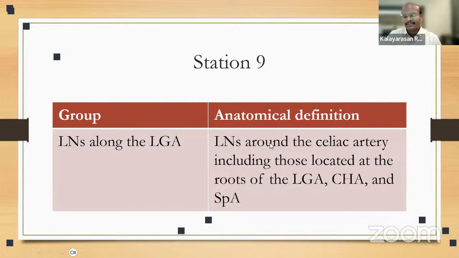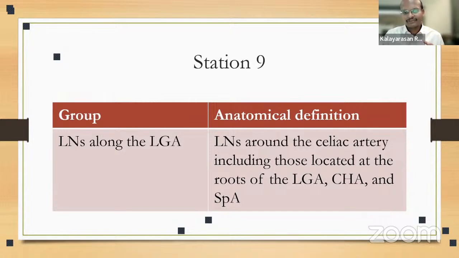and station 9 is the lymph node around the celiac artery. As I told in that publication, the station 9 compliance improves with the robotic approach compared to laparoscopy. It does not mean that you can't do it with laparoscopy. Close to 90% of the patients you can still do by laparoscopy also.